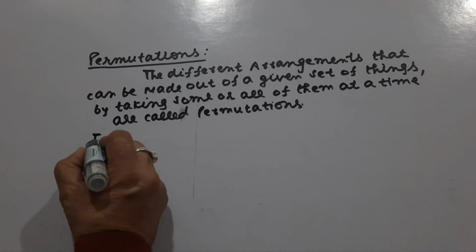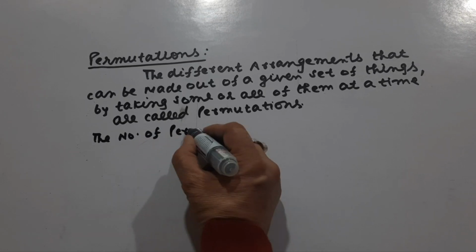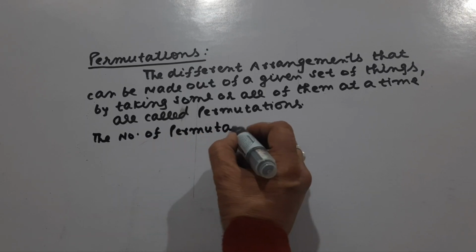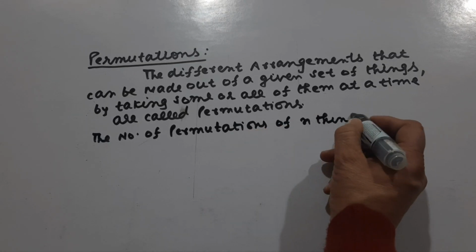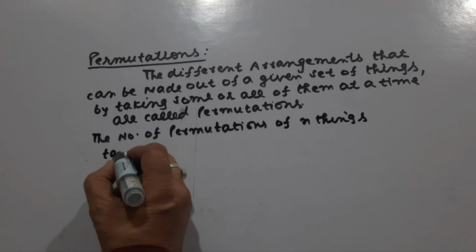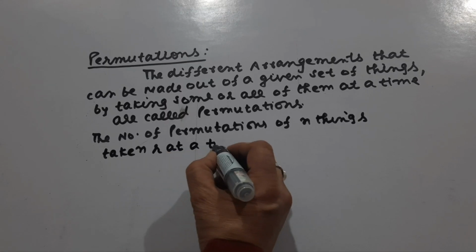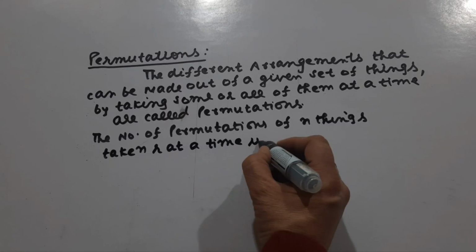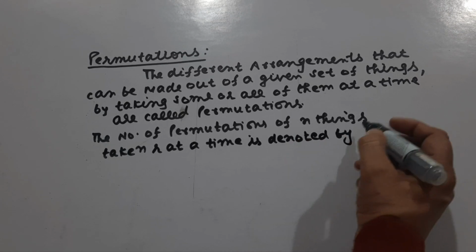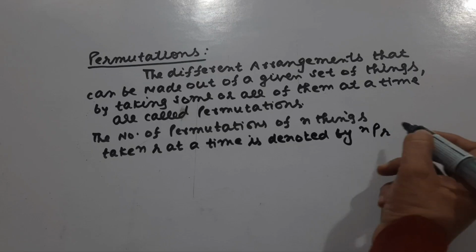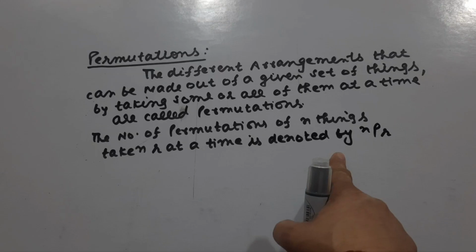So the number of permutations of n things taken r at a time is denoted by nPr.